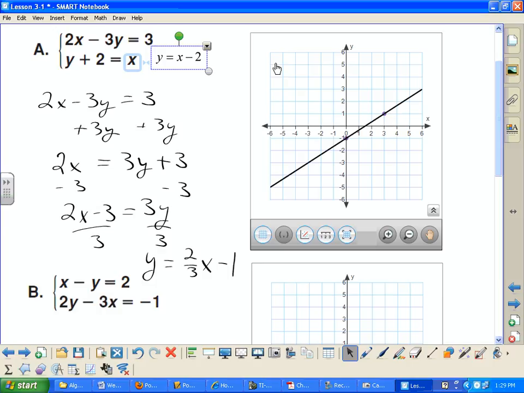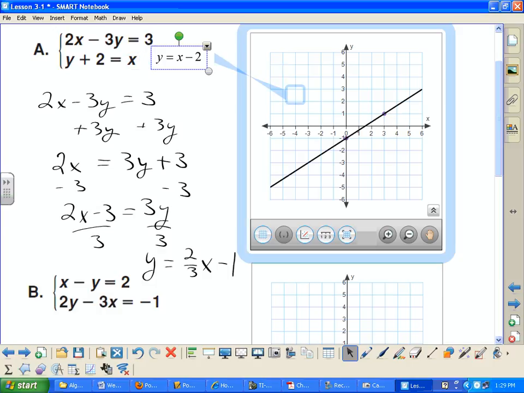Then graph y equals x minus 2. And then we're looking for, where do those two lines intersect? Hopefully yours intersect the same place that mine does.